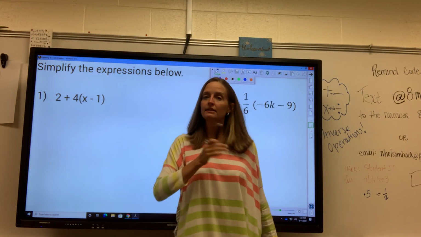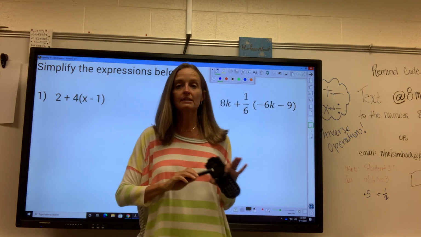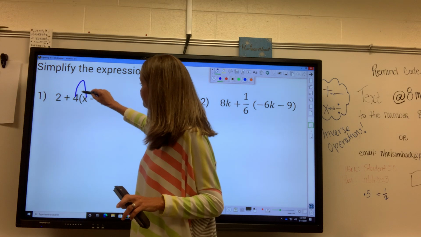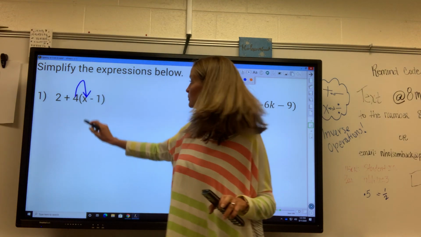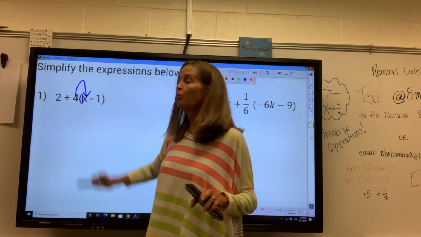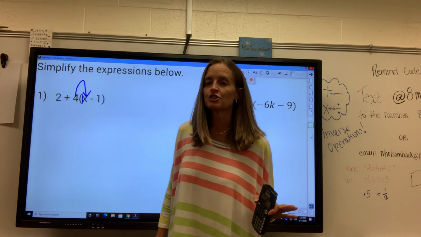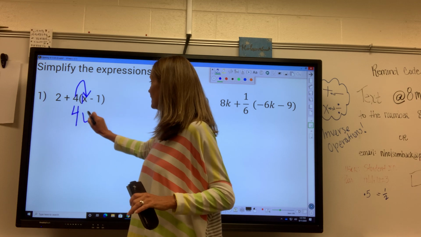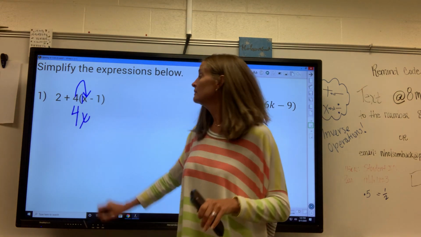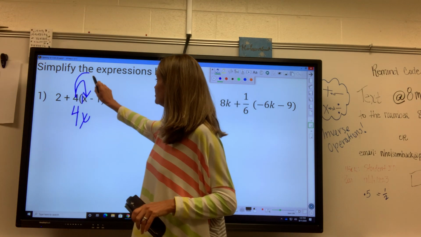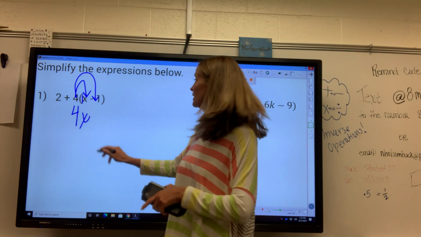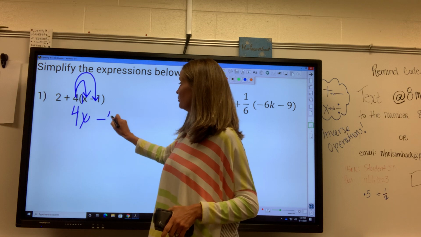So I like to indicate that I'm doing that by drawing these little rainbow things that say, I'm going to multiply this 4 times, do you remember what number's here? 1. So it's really you're multiplying the coefficients. So 4 times 1 is 4x, but you're not done yet because the 4, remember, also comes right here. 4 times -1 makes -4.